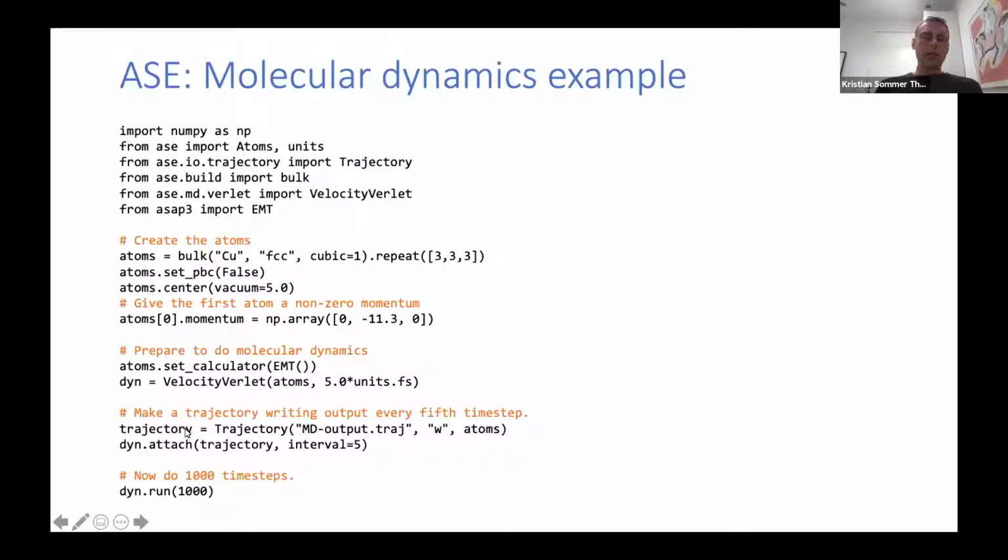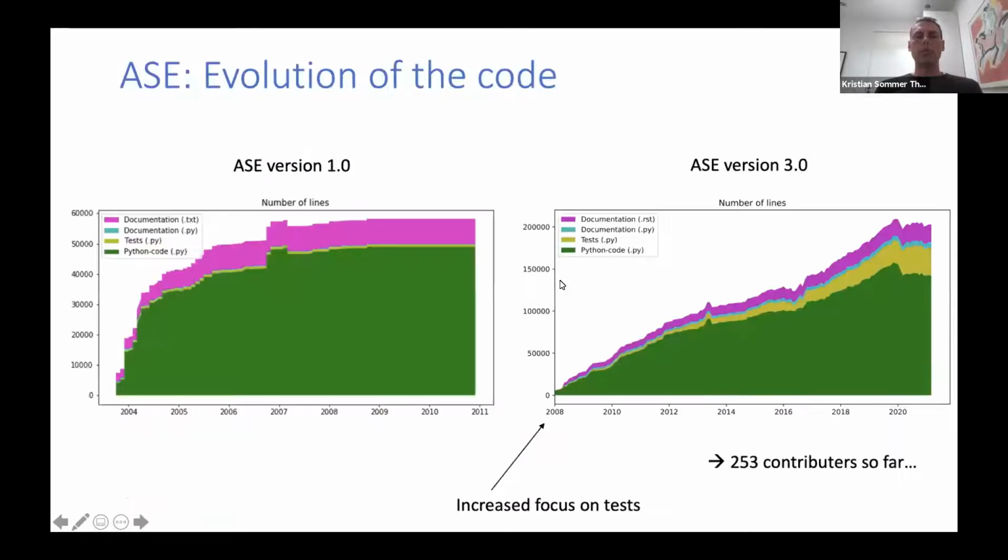And then we define a trajectory to which the output is written, and then we attach the trajectory to the dynamics object, and then we run the dynamics for 1,000 time steps. So that's just to give you a flavor of what the ASE looks like and how to work with it. And there's a lot of tutorials on the ASE website that you can go and try out if you like.